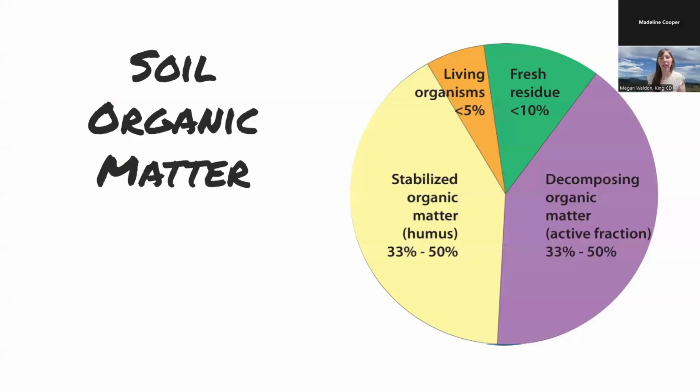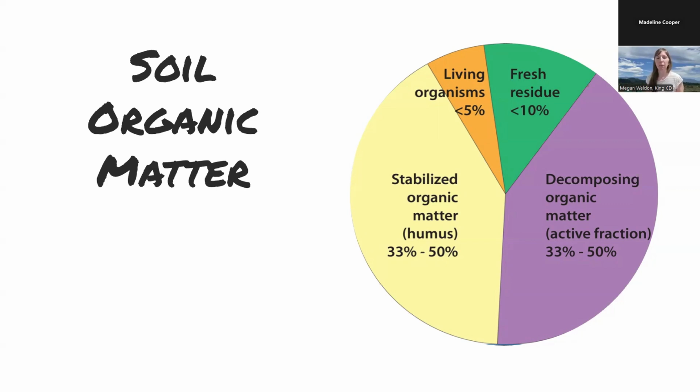Okay, so soil organic matter, kind of jumping into this, that 5% of what makes up our total soil, you have the fresh residue. So in the fall, that's a perfect example when all the leaves are falling off the trees, landing on the ground, and they've got this fresh residue there. The bacteria and the fungi and the soil biota get to work, and they start decomposing that organic matter and integrating into the soil profile.